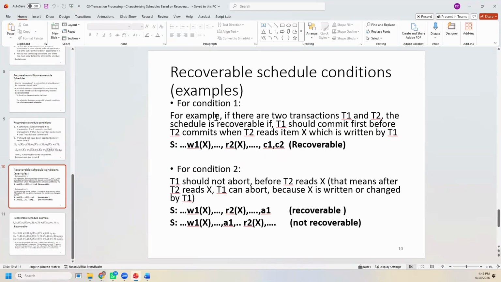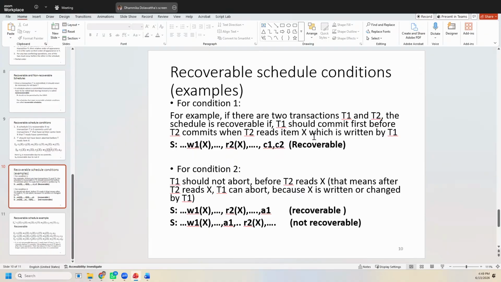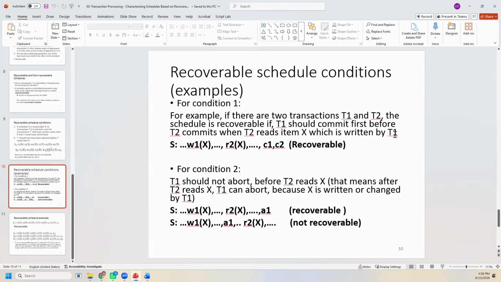Here, for example, if there are two transactions T1 and T2, the schedule is recoverable if T1 commits before T2 commits when T2 reads item X which is written by T1, right? That means X is modified by T1, then T1 should commit first, before T2.